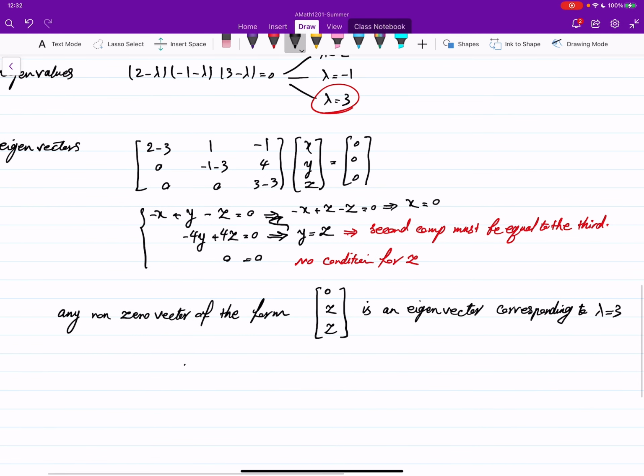In particular, if z is equal to 1, we have 0, 1, 1, an eigenvector.